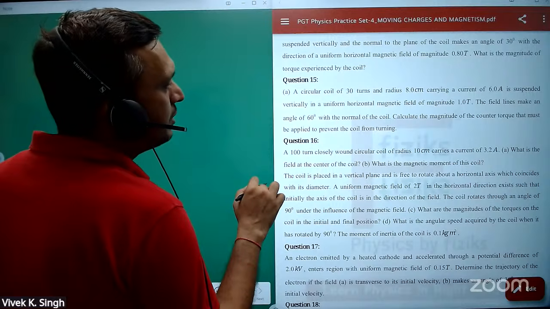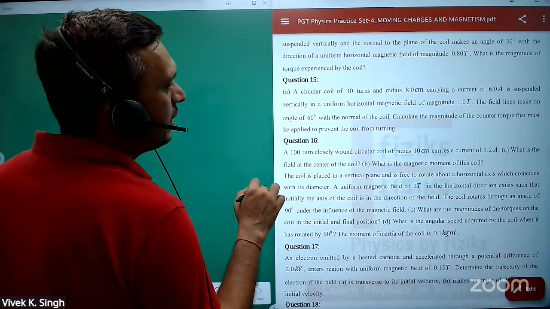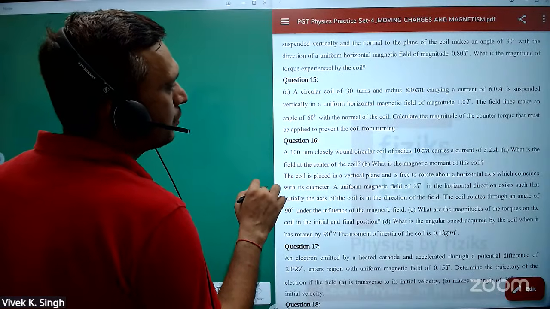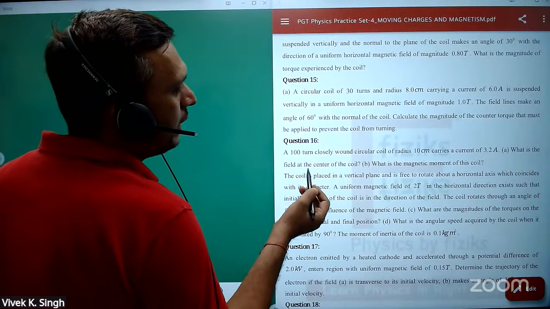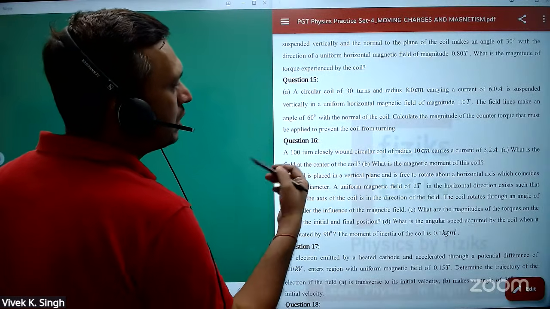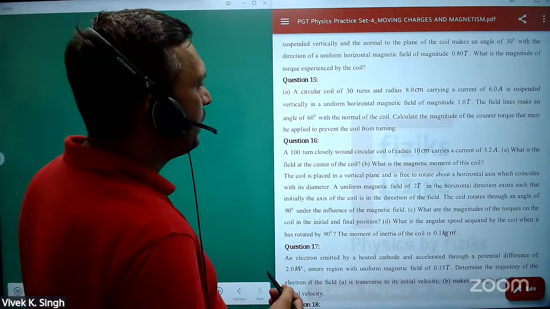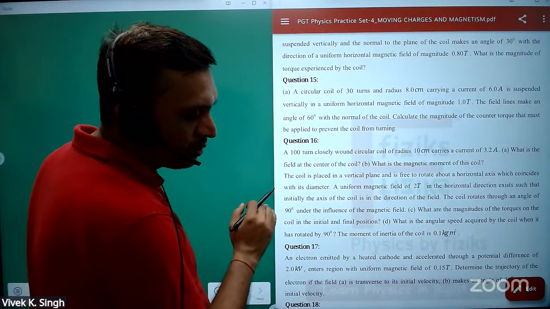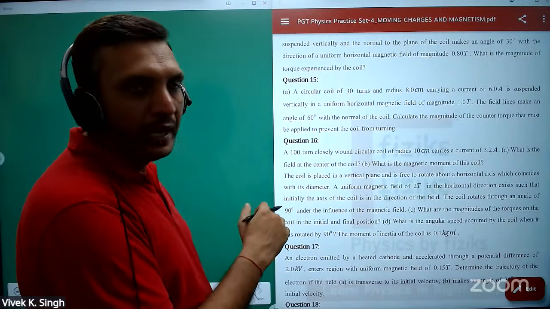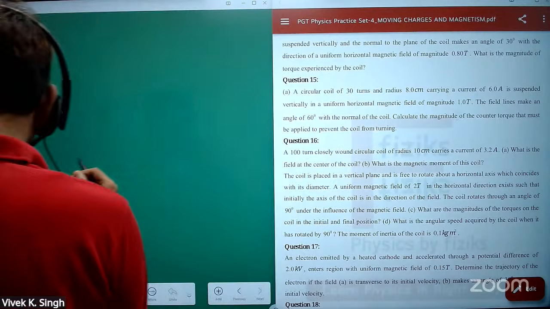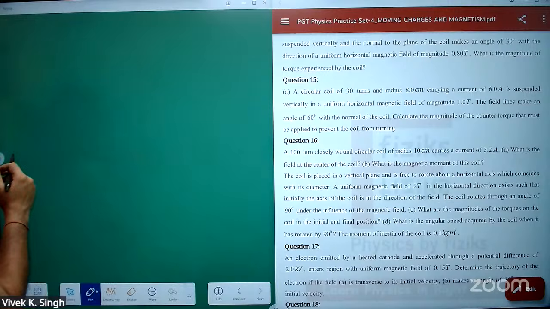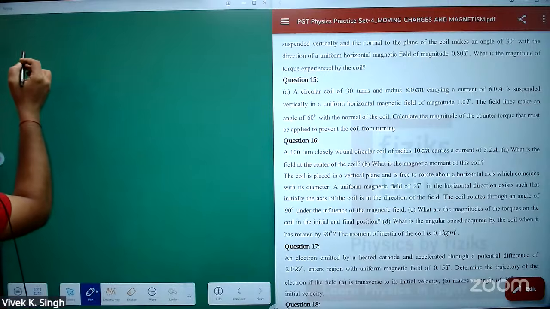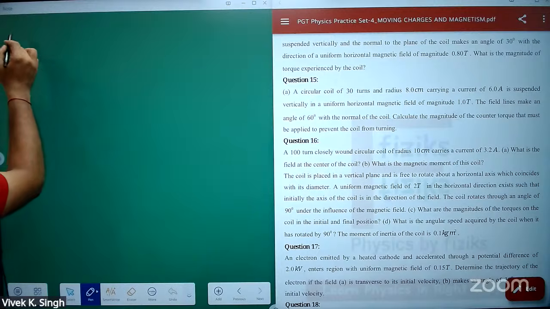The field lines make an angle 60 degree with the normal of the coil. So calculate the magnitude of the counter torque that must be applied to prevent the coil from turning. So you have to apply the same torque opposite to the torque experienced by the magnetic dipole.